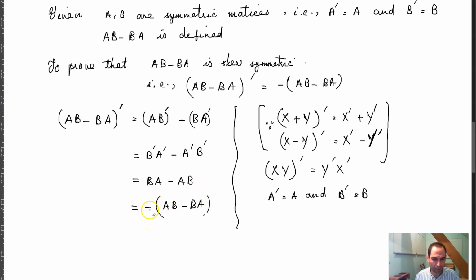And therefore (AB minus BA) whole prime is the same thing as negative of (AB minus BA).